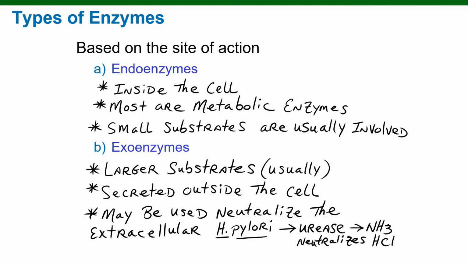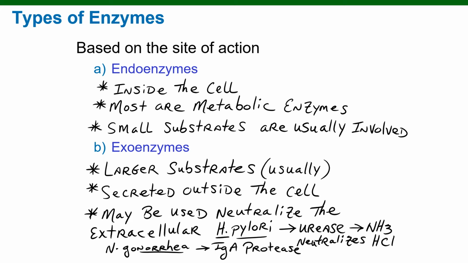And then another example would be Neisseria gonorrhoeae. The cause of gonorrhea is known to produce an extracellular enzyme known as IgA protease. And IgA protease refers to an enzyme that breaks down an antibody, a defensive protein that is instrumental in trying to defend against Neisseria gonorrhoeae infection.